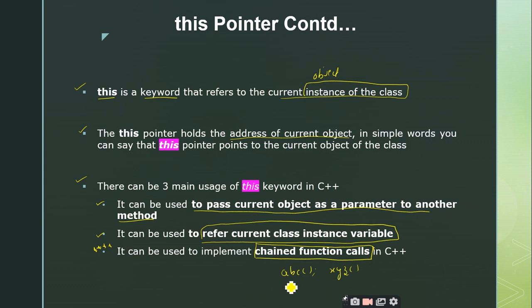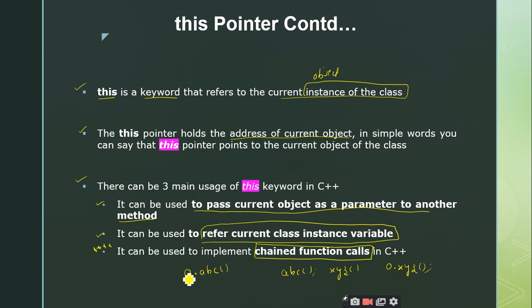Till now I know how to invoke the function abc using object o. How can I invoke the function abc? I can do it by o dot abc. And I can invoke the function xyz by using the object o like this, o dot xyz.